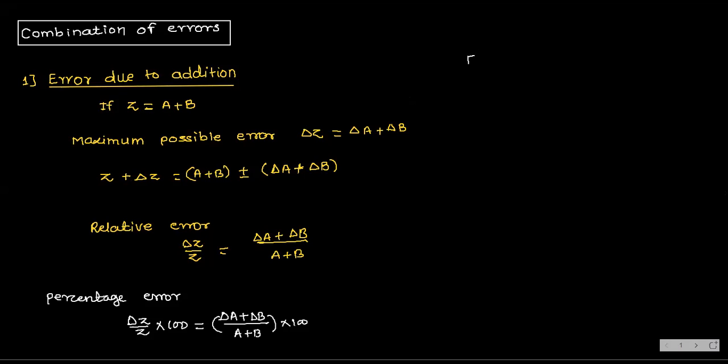So see here, example. Suppose now they have given R1 is equal to 2 plus or minus 0.1 ohm and R2 is equal to 1 plus or minus 0.1 ohm.